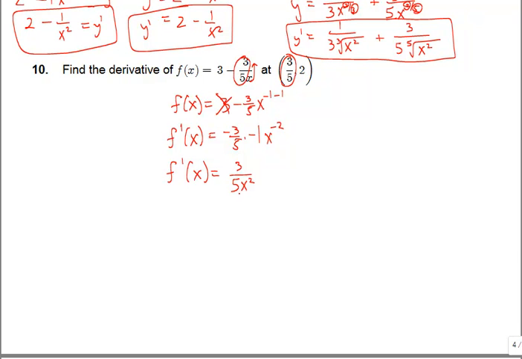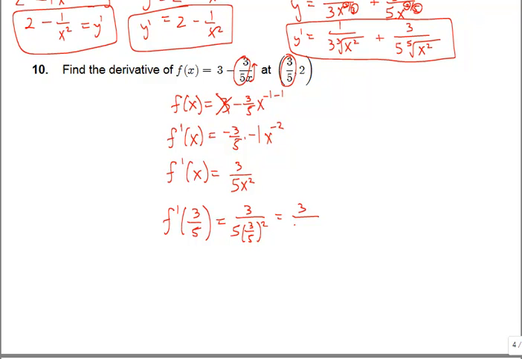So now all I have to do is use this point, and this derivative formula is only involving x, so I only really need the x coordinate. And we're just going to take this derivative and figure out what it is when x is 3/5. So let's plug in 3/5 for this x.